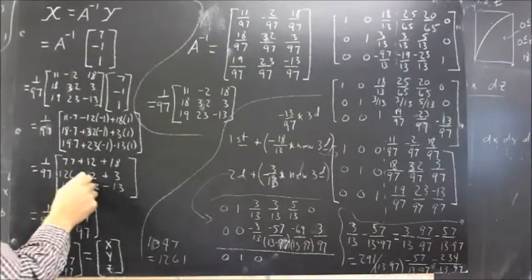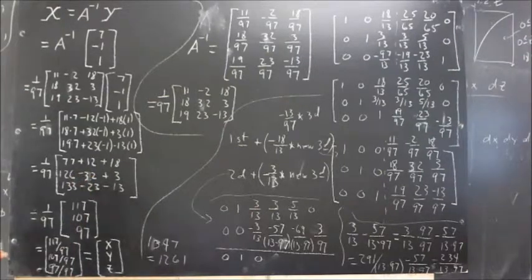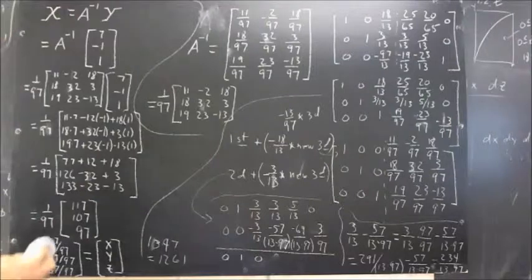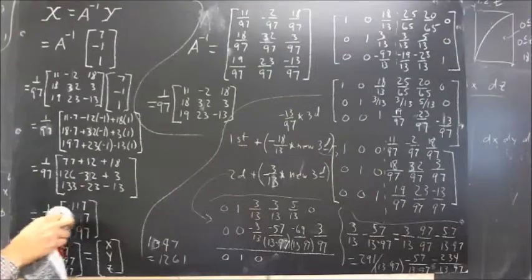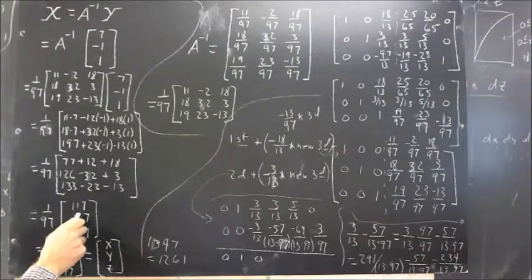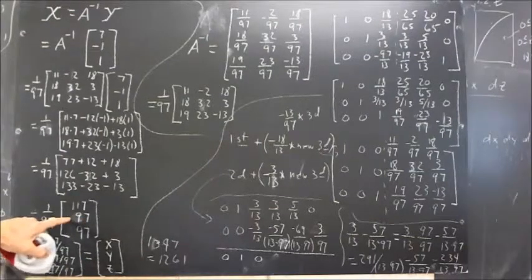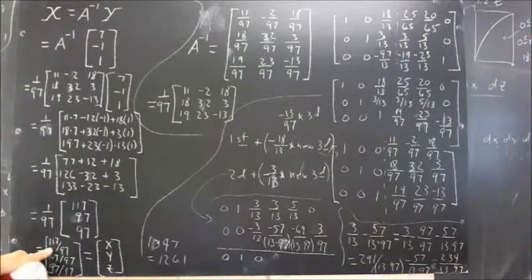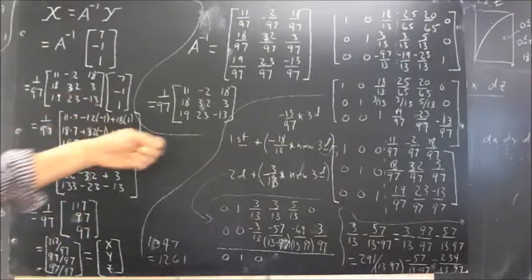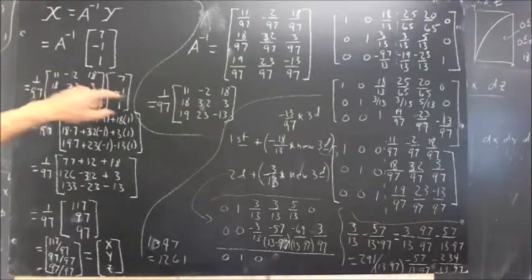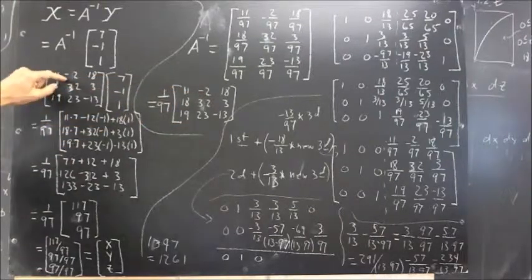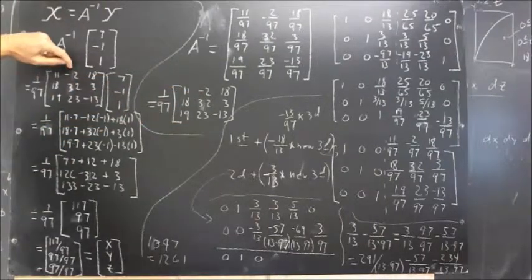And of course that makes this number 32, and that makes this number here, instead of 107, it's only 97. Now it's going to be very convenient because 1 over 97 times 97 is going to give us 1. So down here we're going to get 97 over 97. And the other error, made a little bit later in copying this down, I copied my minus 2 here as a 12. So I've changed that to a 2.